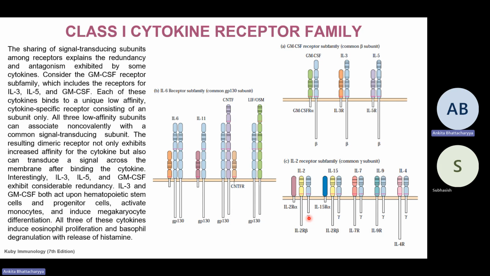And finally, when we talk about the IL-2 receptor subfamily, there is a completely separate point of commonality, which is a common gamma subunit. So you have alpha, beta, and in conjunction, also a gamma subunit. We can see that to be the common entity among all the different members of the IL-2 receptor subfamily. Don't worry, I'll be getting into more detail about the IL-2 receptor family pretty soon.